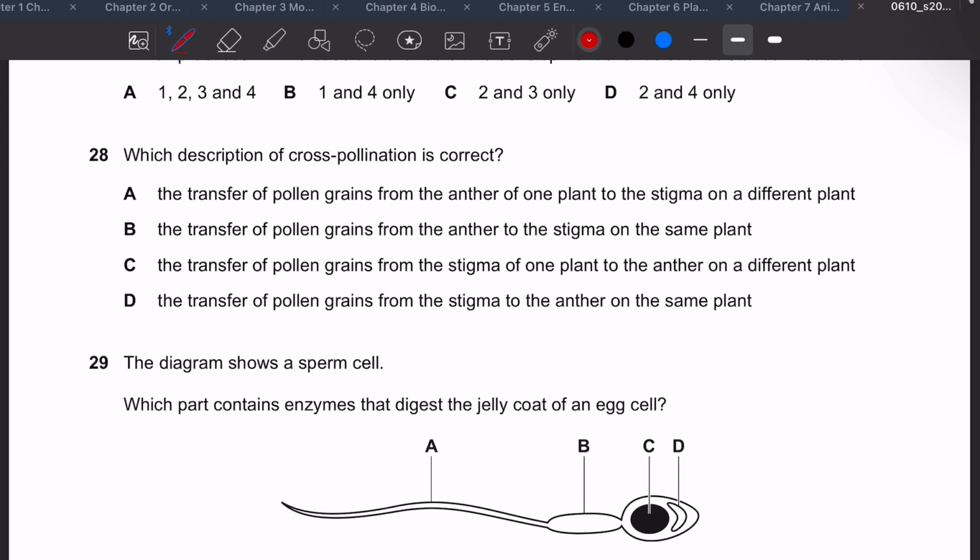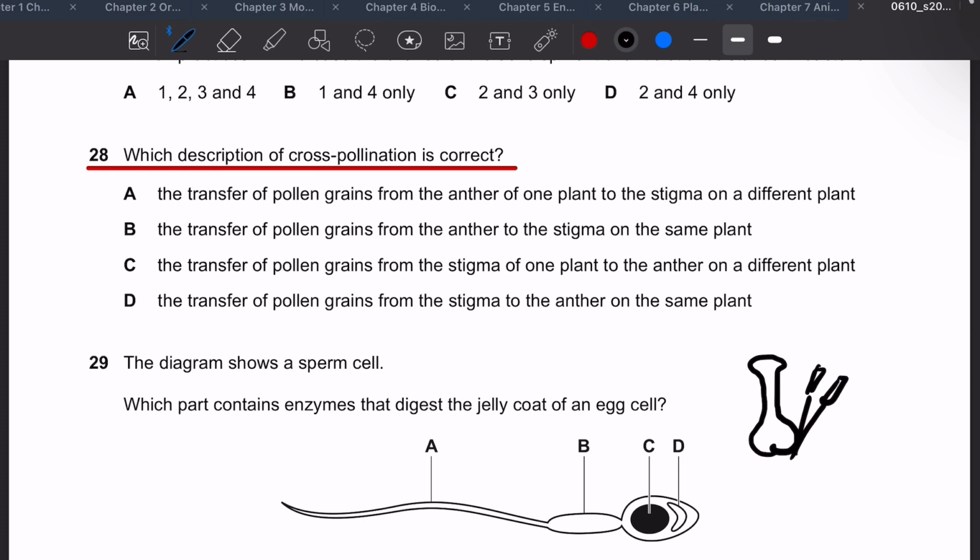Number 28. Which description of cross-pollination is correct? So, cross-pollination happens when the pollen grain from one flower moves to the stigma of another flower.